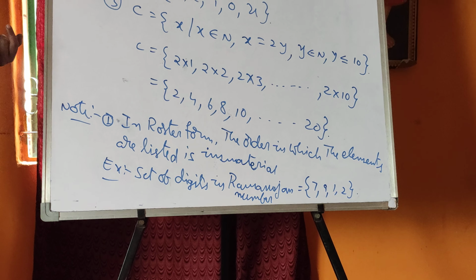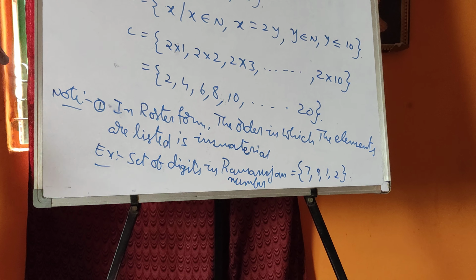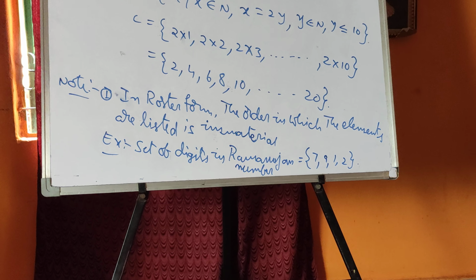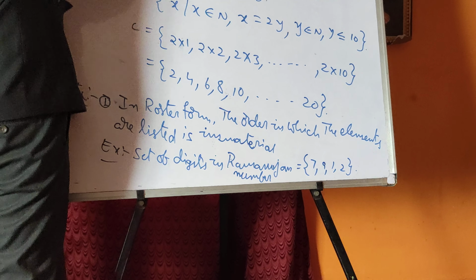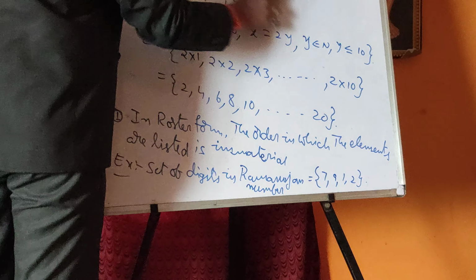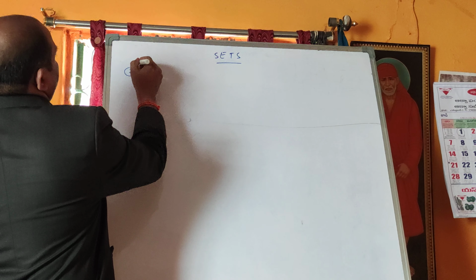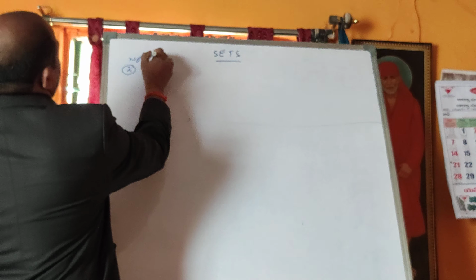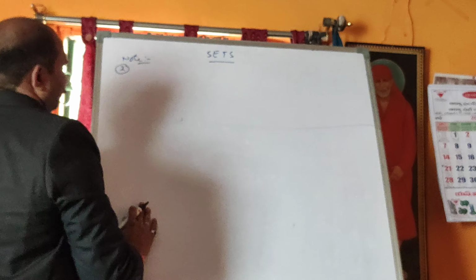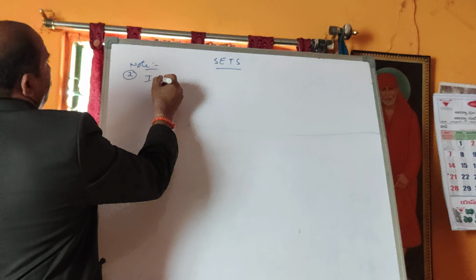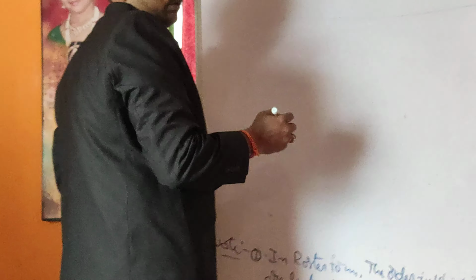One more, the second note: if any element is repeated 2 times, then we have to write it only once. I'll write the second note also here. If any element is repeated, it will be represented only once in the set.